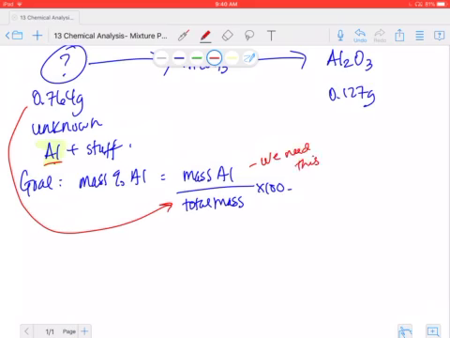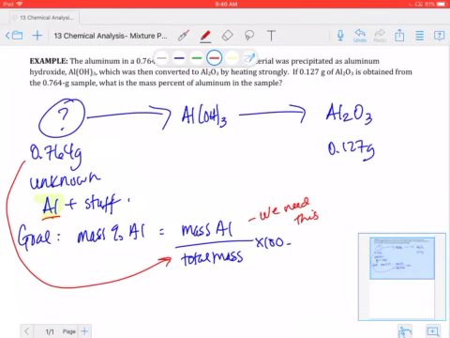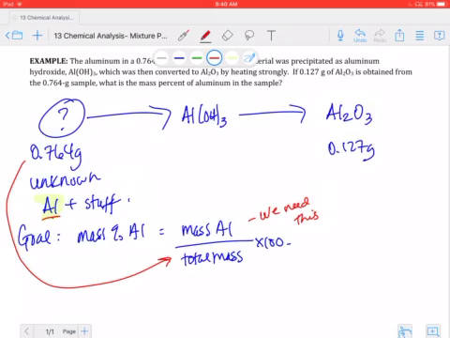So how are we going to find that? We want to look back up at our little schematic to see what's happening. In this process, all of the aluminum that is here ends up in the aluminum oxide. We always make the assumption that everything goes to completion and reacts as it would ideally. So all of this aluminum shows up here.